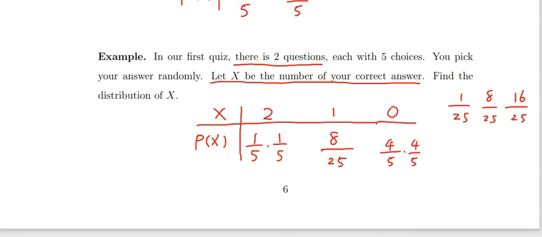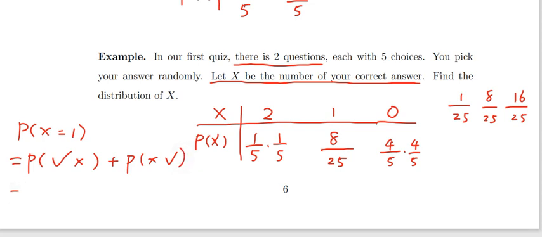Okay, so this probability can also be checked directly. We say that x equals 1, meaning you get 1 correct. So it could be like this: the first one is correct and the second one is wrong, plus the first one answered wrongly and the second one correctly, right?